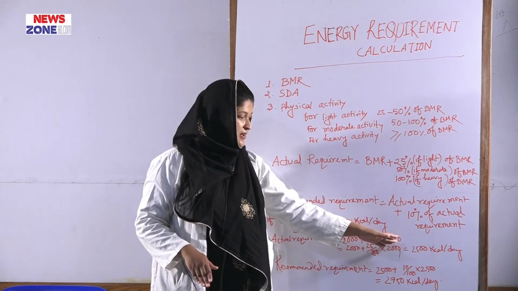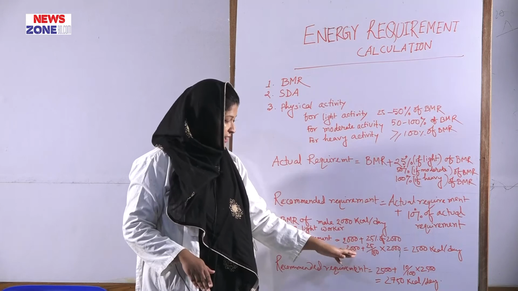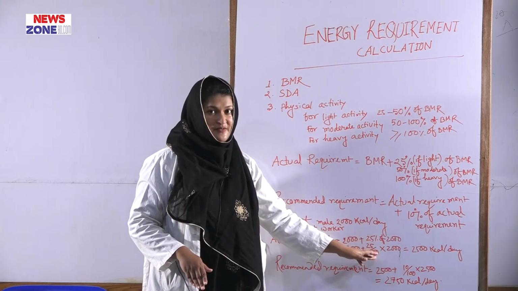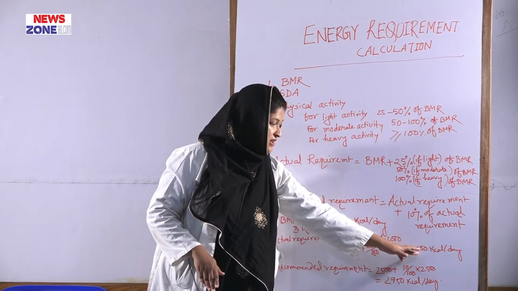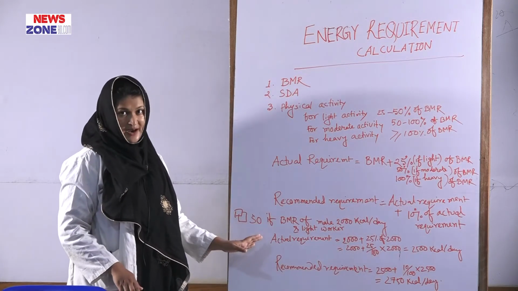So the calculation will be 2000 plus 25 divided by 100 into 2000, which is equal to 2500 kilocalorie per day, the actual requirement of that adult male.